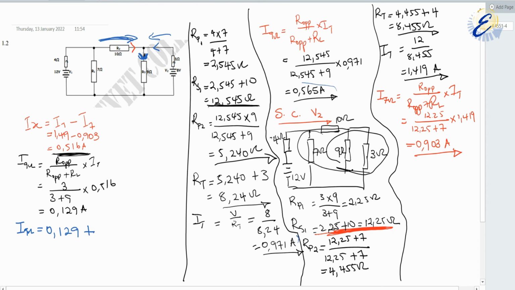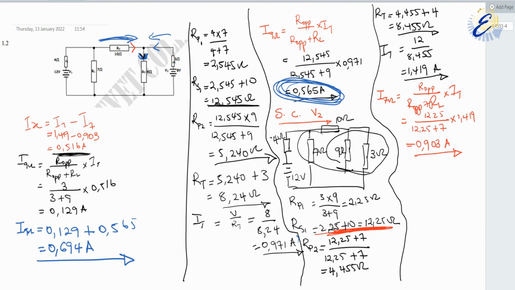This one, can you see on your screen? 0.565. And now that will give us 0.694 amps. This is the current obtained by 9 ohms.